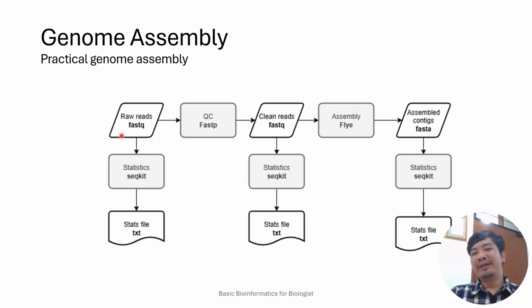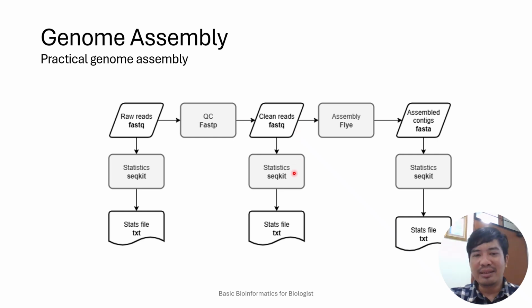Now this is the workflow for today. I will give you the FASTQ raw reads, and you perform the statistical analysis of the FASTQ, and you produce a TXT file that tells the basic information of the FASTQ, such as number of sequences, average length, something like that. And then you perform QC using fastp, and produce clean reads after QC.